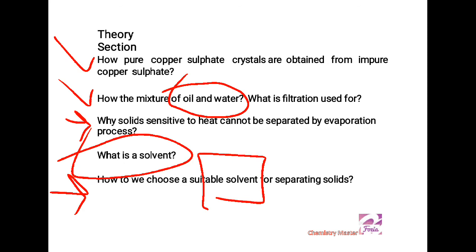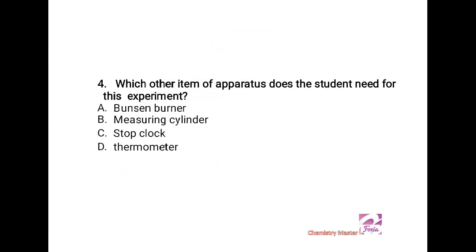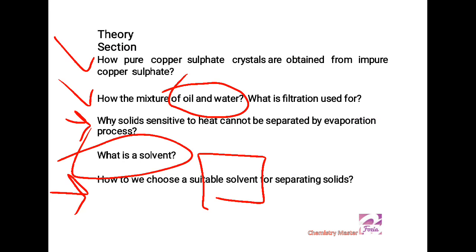So always we select the suitable solvent for separating solids. Like we did in one MCQ in which we discussed that charcoal is separated from sodium chloride. Again, here we decide on one solvent in which one of the solids is soluble or not. So this is how we apply different methods in different conditions.